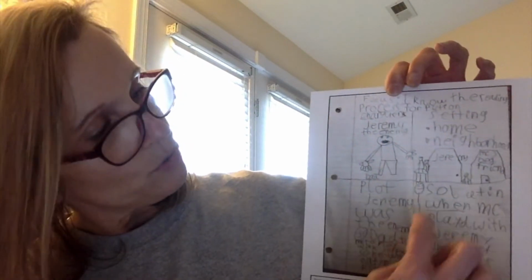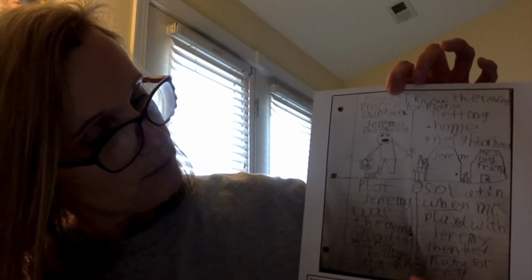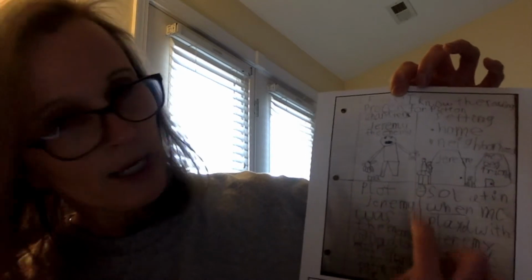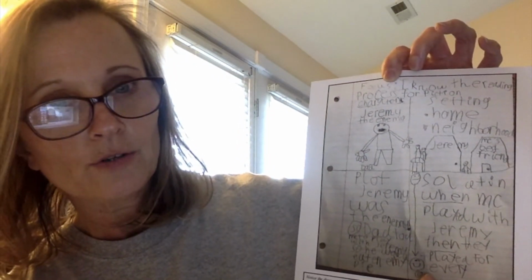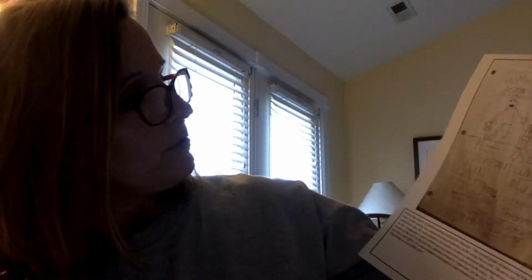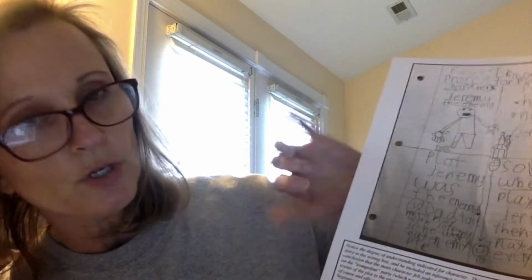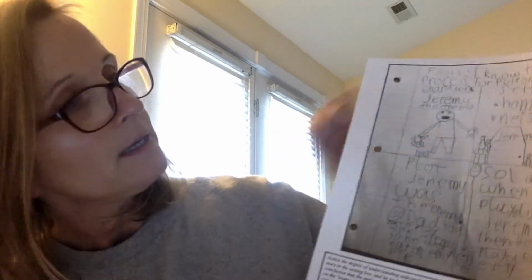He kept a really good track of his characters, and even used a continuum to show the change in the feelings of that character. He created a plot summary here, and he used the word so to show cause and effect.